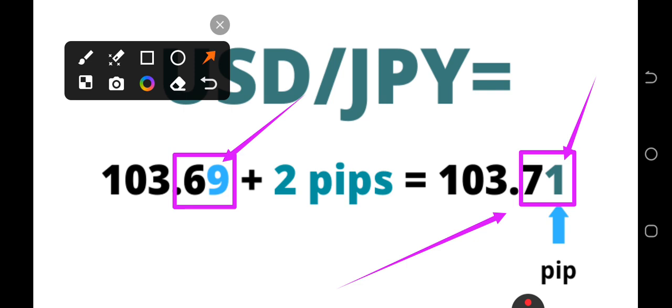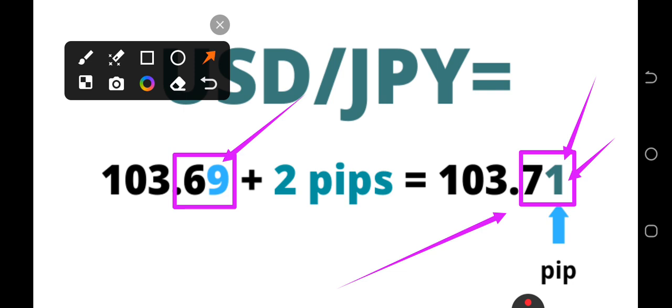So 103.71 is the currency quote. 1 is the pip. Remember, for Japanese yen pairs, all the currency pairs where the yen is the quote currency or the secondary currency, the second digit after the decimal point is the pip. If there is a third number, it is called the pipet.